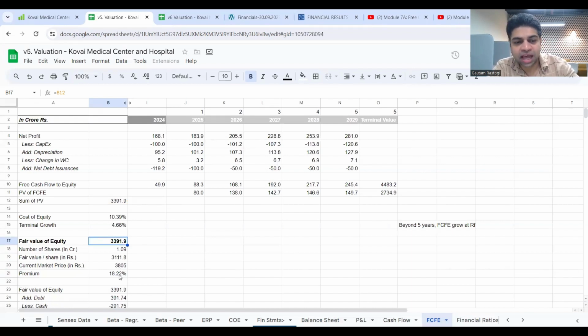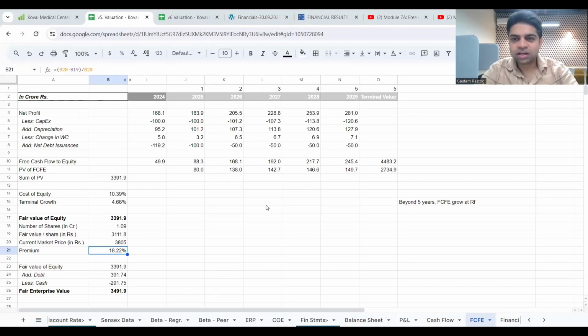And now the premium earlier was 5%, was very reasonably valued. A premium of 5% I don't consider as a premium at all, it's reasonably valued. So now the premium is as high as 18%. Now the share looks overvalued. So what should you do now?